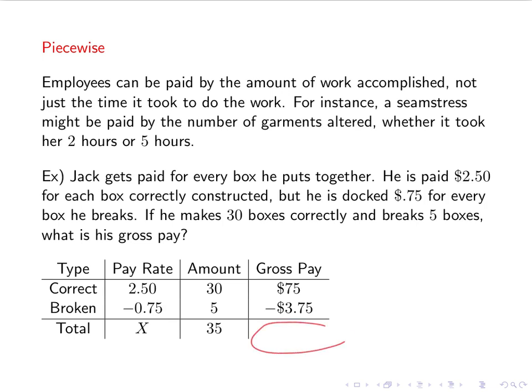The total here will be our answer, and again, we want to make sure that we're subtracting that $3.75. So Jack gets paid $72.25. And again, assuming that he's working legitimately and not under the counter, if that's not equal to at least minimum wage, depending on how long he took to do this, he would at least get minimum wage.